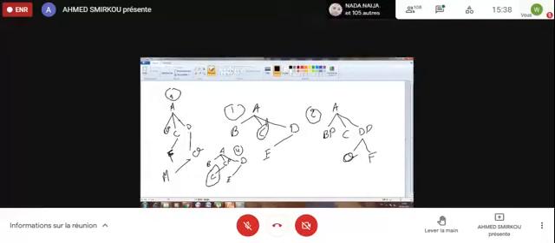Now here, for example, look at B. B governs C because there is no other node that is segmented by B and, I specify, asymmetrically segments C. There is no other node between them.